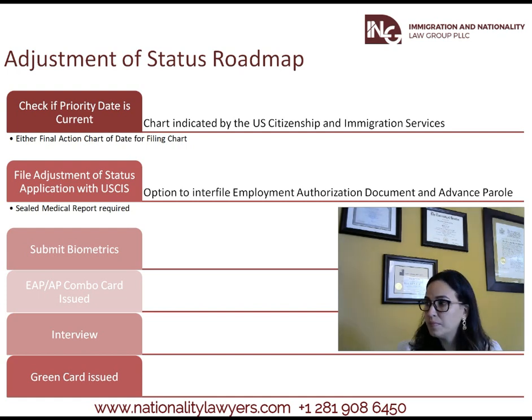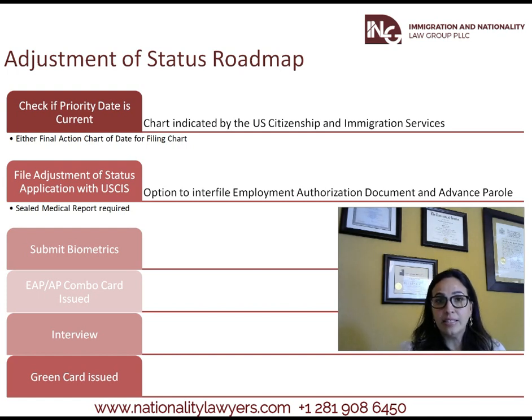Not too long ago, there was only one type of chart in the visa bulletin, which was the final action. But then the US government, saying that there were so many people waiting for green card applications to be processed, and to be able to file and get the benefit of also applying for an employment authorization document and the advance parole, also released dates for filing.